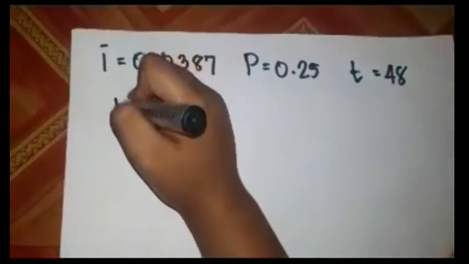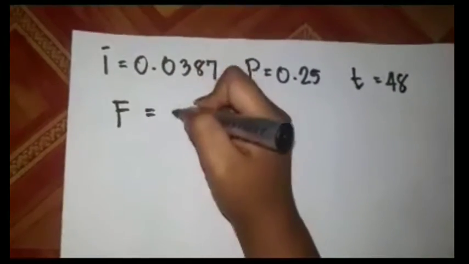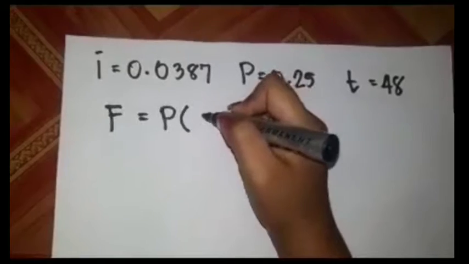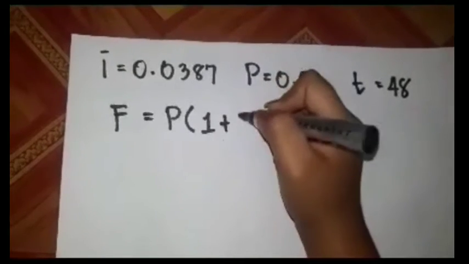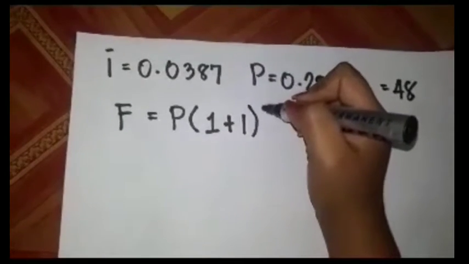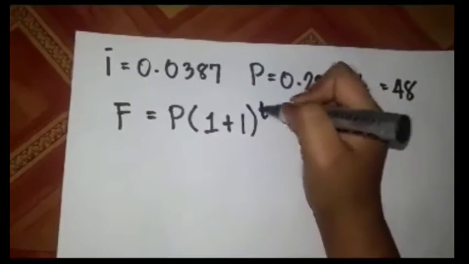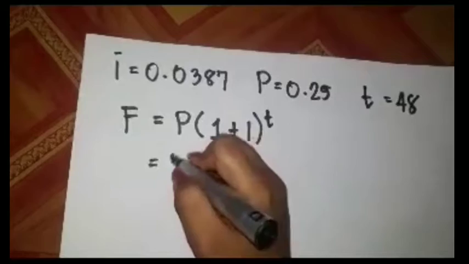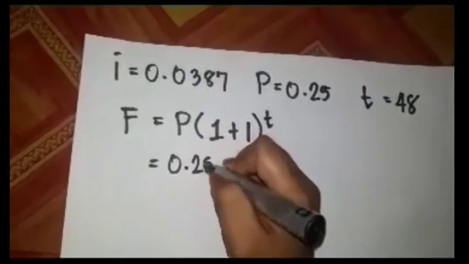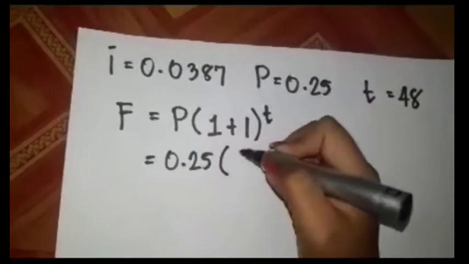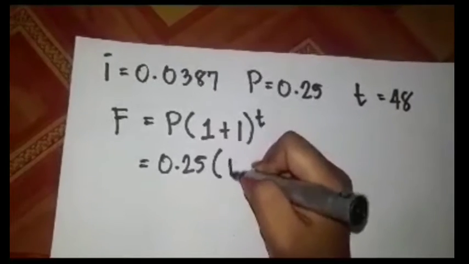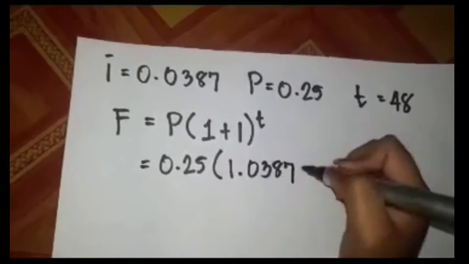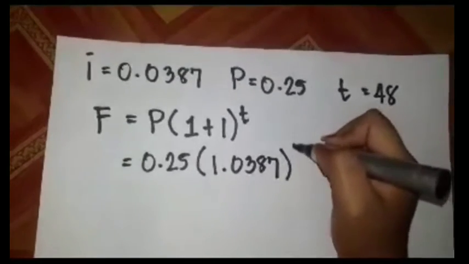So here's the formula: purchasing power times (1 plus inflation) raised to the power of the given number T. So we have 0.25 times (1.0387 raised to the power of 48).